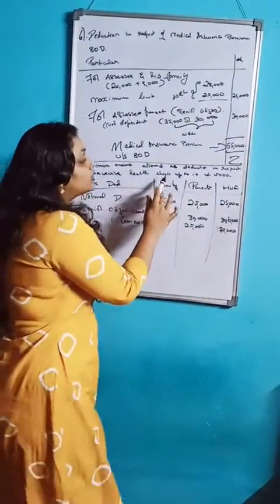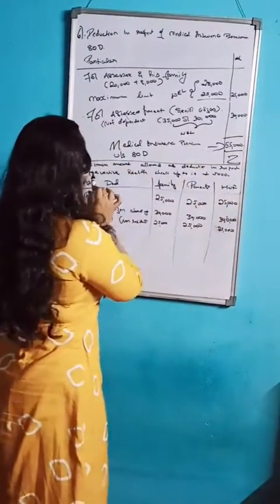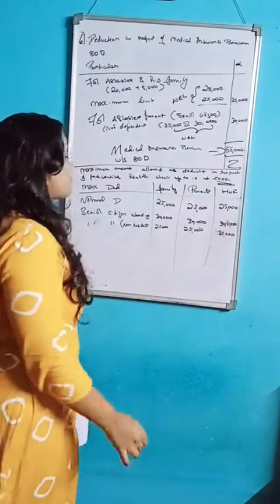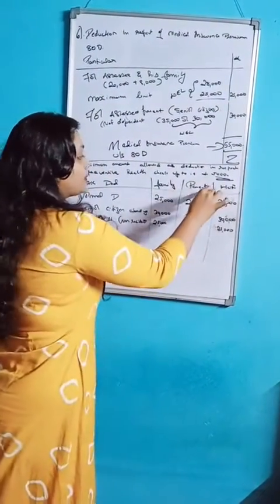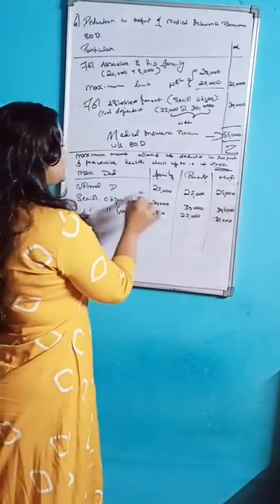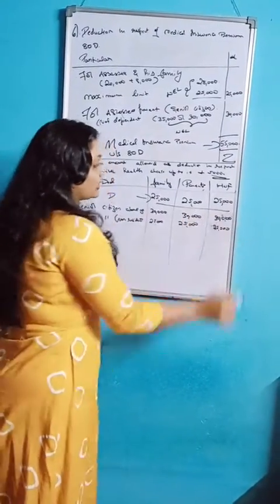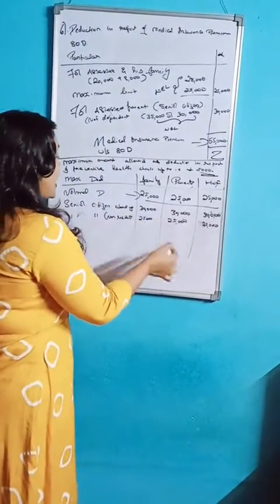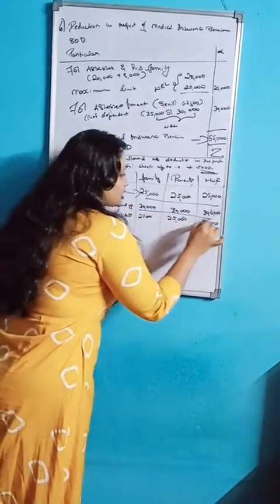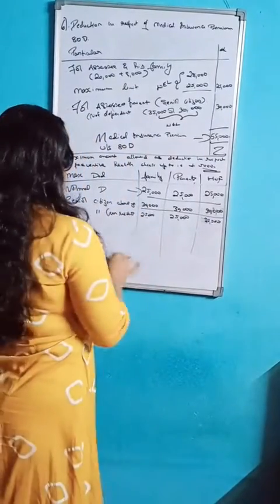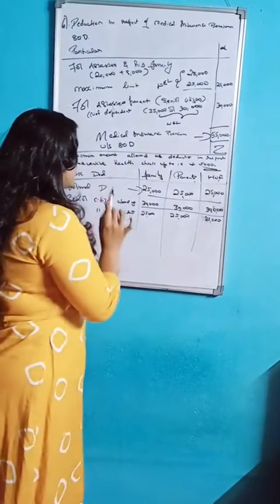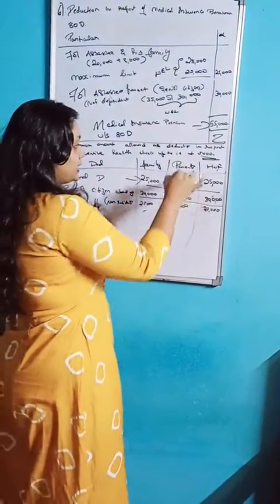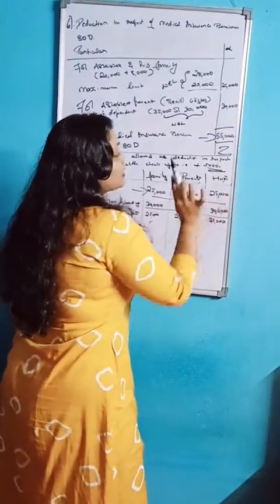The normal deduction is 25,000 for all three, family, parents, as well as HUF. And senior citizen above the age limit is 30,000 for all three. And senior citizen non-resident is 25,000 in family, 25,000 in parents, and 25,000 in HUF.